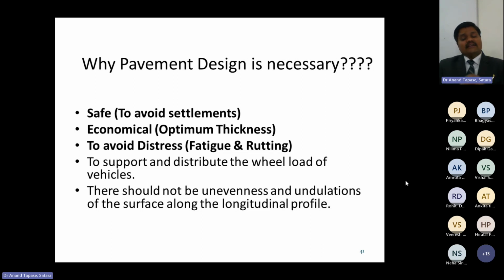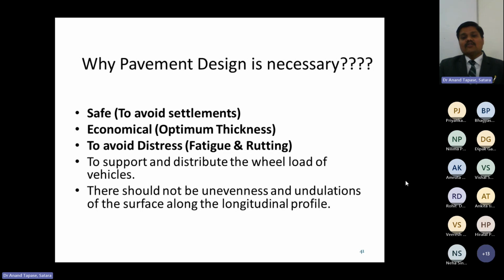What is the main intention of those yojanas? The intention is to reach the population residing in villages and remote areas. If that is the perspective, we should consider economy as one of the most important parameters while designing a pavement.